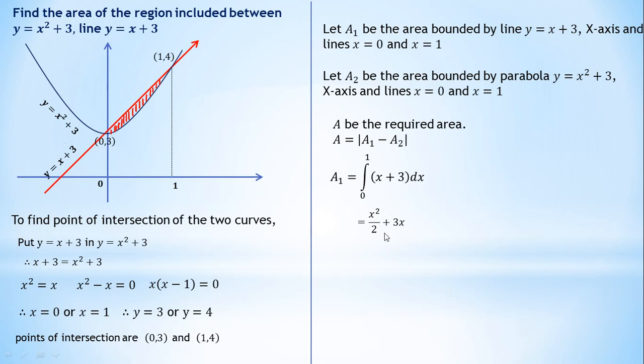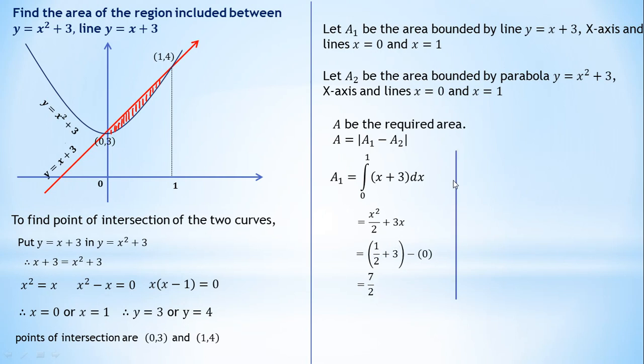Now it is from 0 to 1. If you put the upper limit, then we get 1 by 2 plus 3 minus, if you put the lower limit, then it will be 0. Now 1 by 2 plus 3 is nothing but 7 by 2. So A1 is equal to 7 by 2. See the calculation and integration.